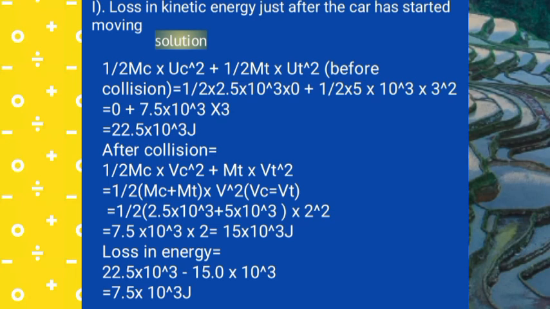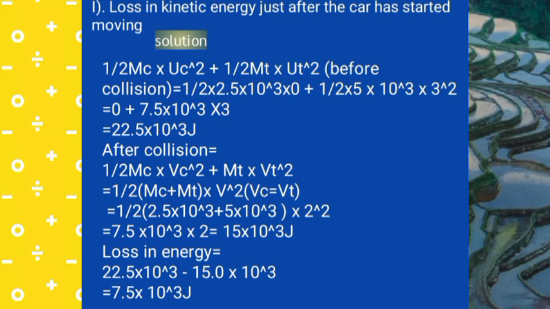Then we factorize the velocity out. So like we factorize when we are dealing with linear momentum, we apply the same thing here. So half times 2.5 times 10 raised power 3, add the mass together, times the velocity, which is 2 raised power 2. Then we get 15 times 10 raised power 3 joules.